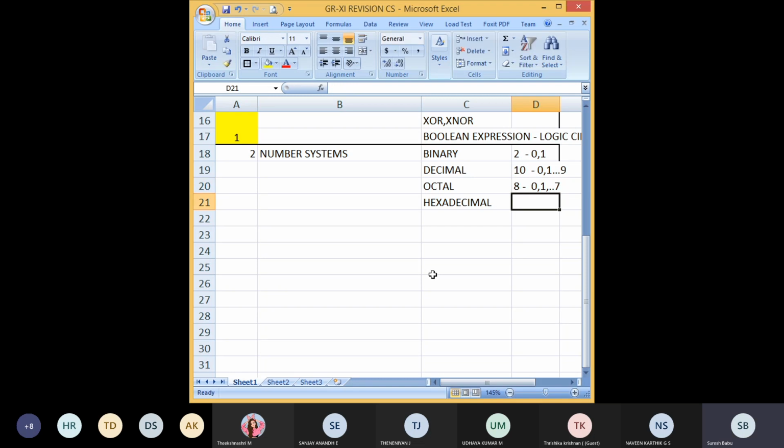Then hexadecimal, the base is 16, so you will get 16 numbers: 0 to 9 and A to F. A is 10, B 11, C 12, D 13, E 14, F 15. So 0 to 15, totally 16 numbers for hexadecimal.